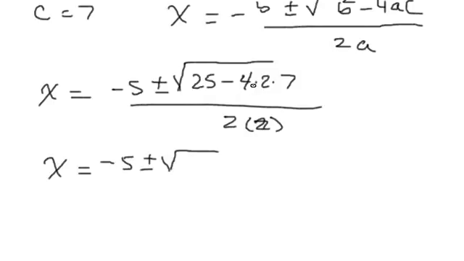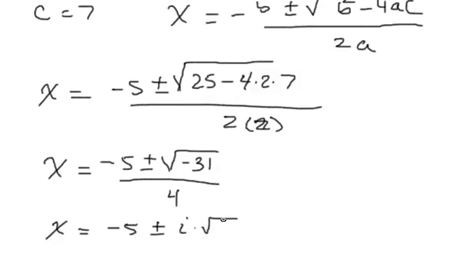Now let's see, 2 times 4 is 8, and 8 times 7, 25 minus 56, that's going to be minus 31. So we're getting a negative under the radical here, which means that we have a complex solution, and 2 times 2 is 4. So we're going to end up with x is equal to negative 5 plus or minus i square root of 31.